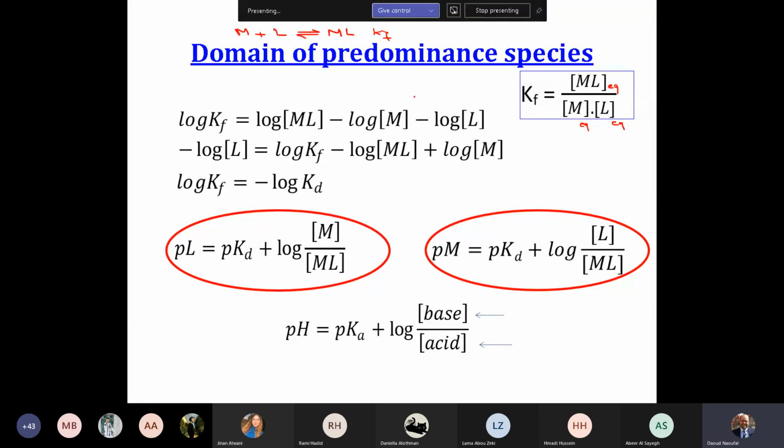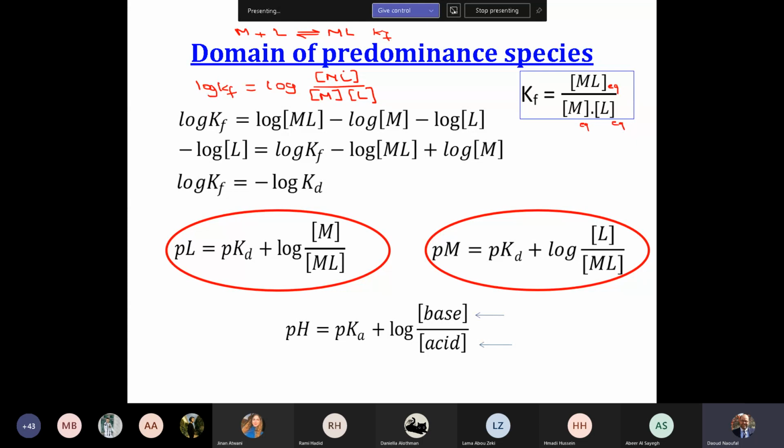So I will take the log: log Kf equals log of ML divided by M times L, and pay attention that these concentrations are at equilibrium.